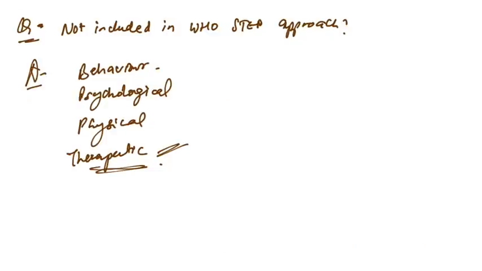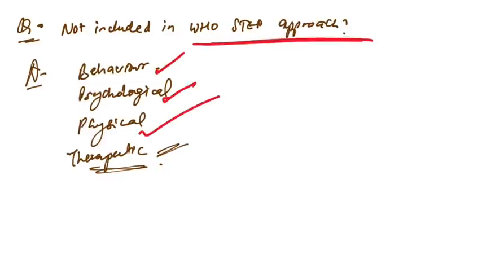Now, which of the following is not included in the WHO STEP approach? Behavior, psychological, and physical were included, and therapeutics is not included in the WHO STEP approach.